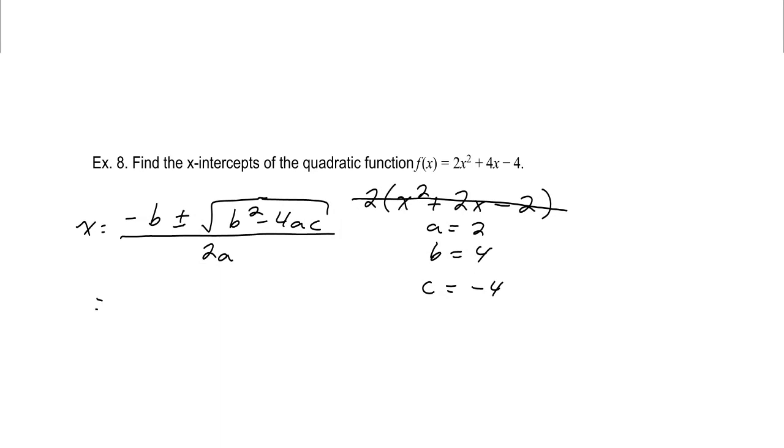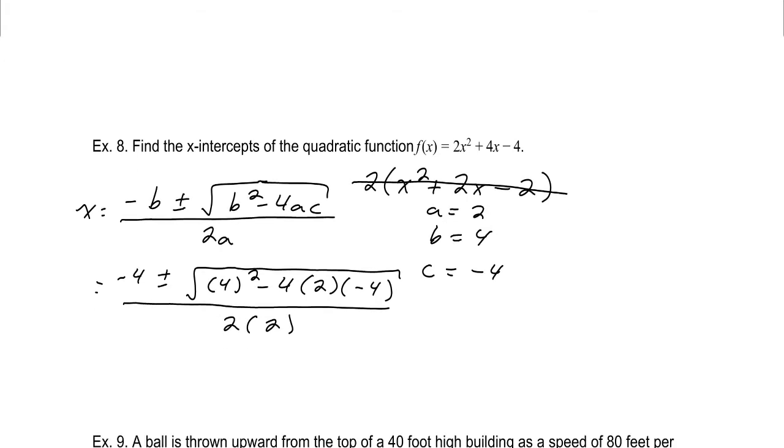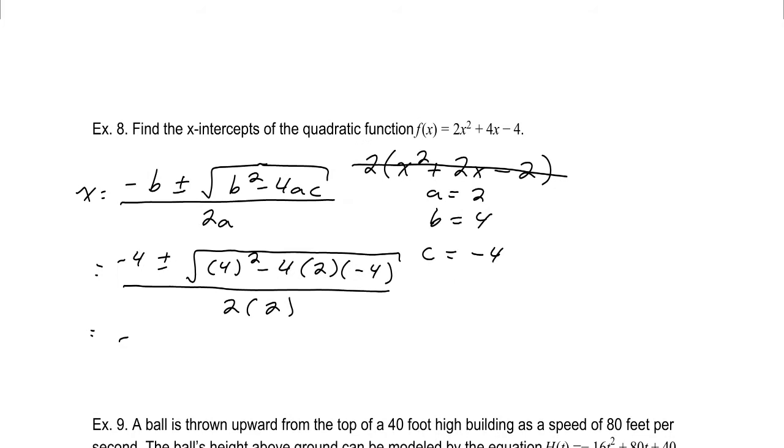So negative b, that would be negative 4 plus or minus the square root of 4 squared minus 4 times a times c, over 2 times 2, because that's our a value. Negative 4 plus or minus the square root of something over 4.